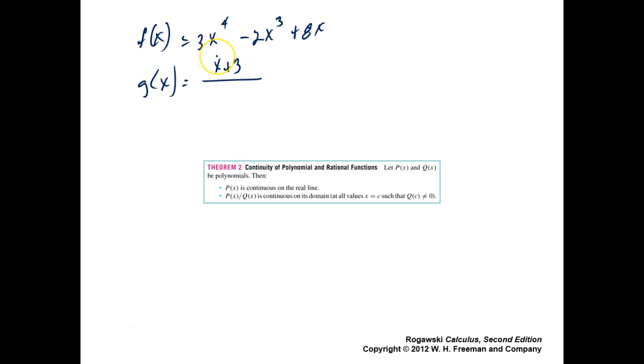How about this one? G of x is x plus 3 over x squared minus 1. Okay? Now, when you see g of x, what should be the first thing your eyes focus in on, and you deal with?